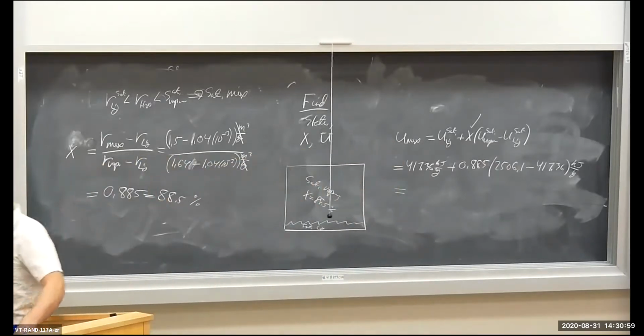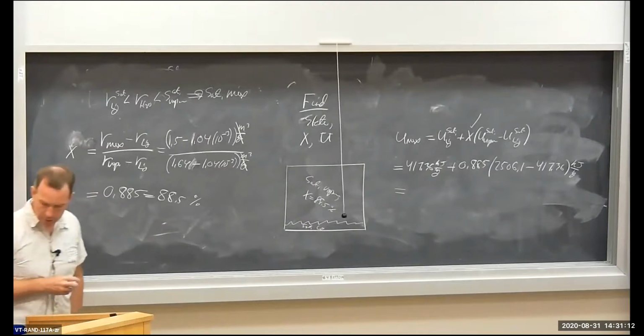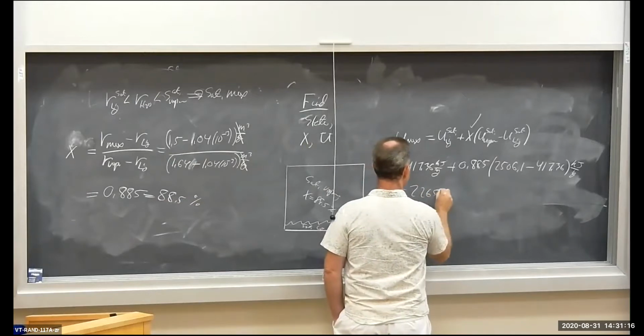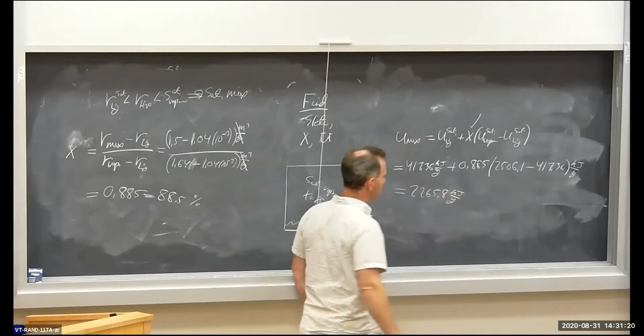And we crank through and we get a U of 2,265.8 kilojoule per kilogram, okay?